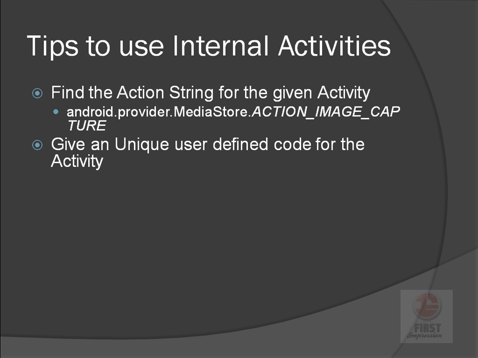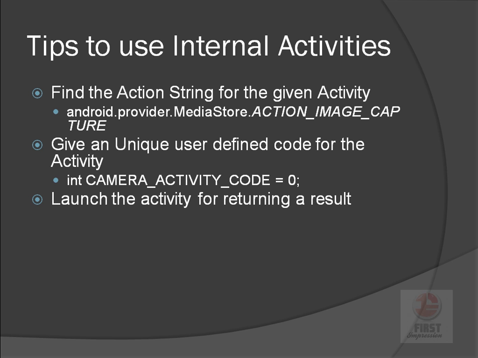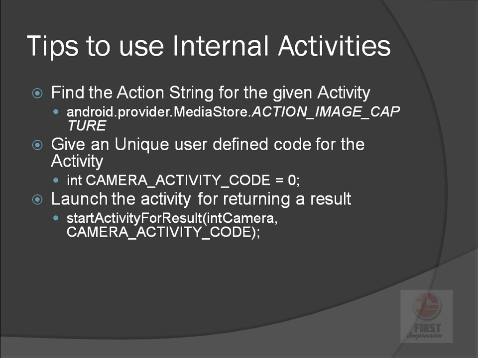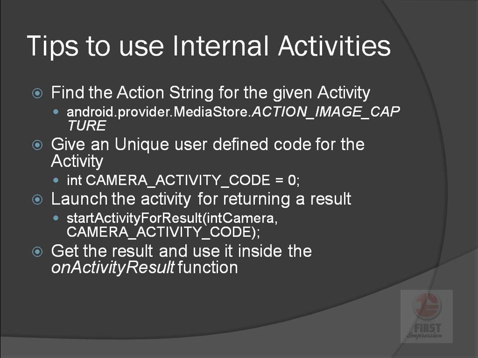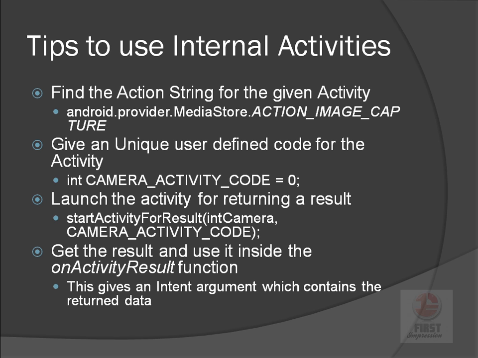We gave the camera activity code as 0. You can give a different code as well over here. That's not a problem. Then you have to launch the activity for returning a result. We said startActivityForResult. Then get the result and use it inside the onActivityResult function. This gives an intent argument which contains the return data.